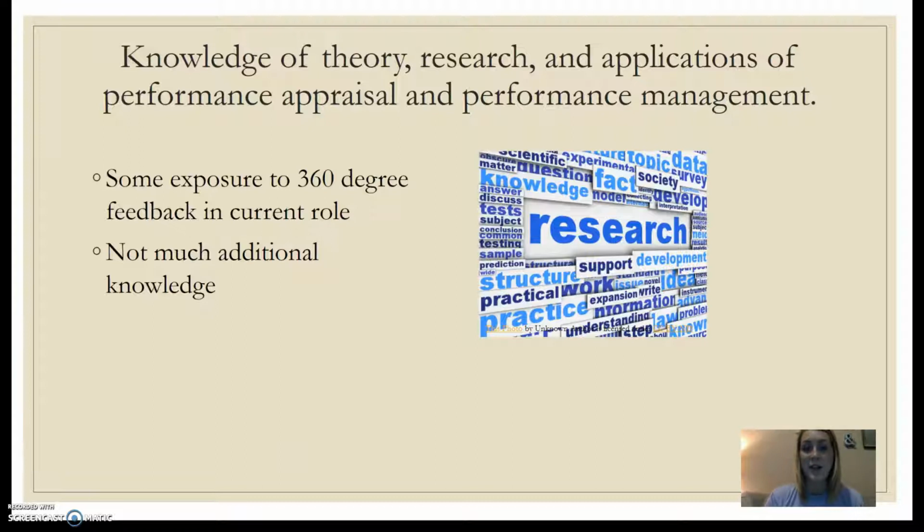So the first objective that we were given to go over was knowledge of theory, research, and applications of performance appraisal and performance management. As far as my working knowledge of any sort of theory or research or application, I am somewhat familiar with what is called 360-degree feedback.